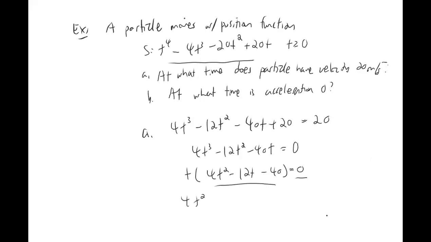T squared minus 12t minus 40 equals 0. Please do not make me use the quadratic formula. 3t minus 10. Okay, this is not bad. 2t minus 5, t plus 2. So it's when t equals 0, t equals 5, and t equals negative 2.